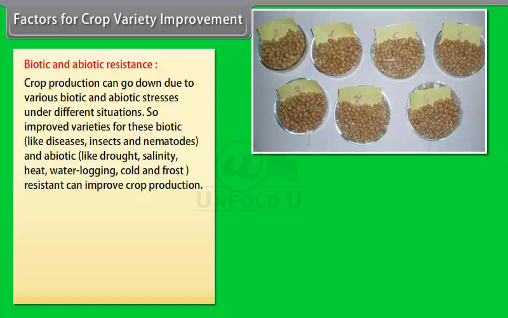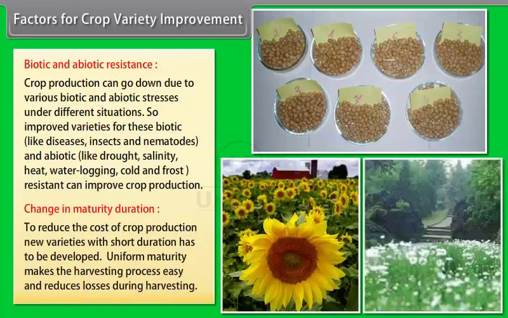So, improved varieties for these biotic, like diseases, insects, and nematodes, and abiotic, like drought, salinity, heat, waterlogging, cold and frost resistant, can improve crop production. Change in maturity duration. To reduce the cost of crop production, new varieties with short duration have to be developed. Uniform maturity makes the harvesting process easy and reduces losses during harvesting.